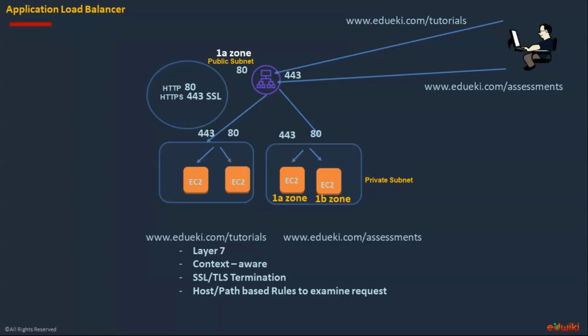Not really. Hence AWS will suggest you, hey, don't deploy your load balancer into one subnet. Rather, you always prefer to have your load balancer deployed into at least two subnets of two different zones. That's the best practice. That's mandatory to have.